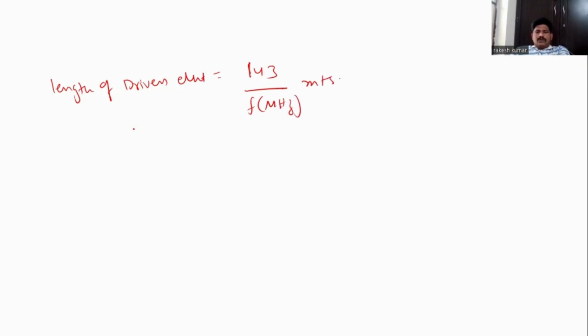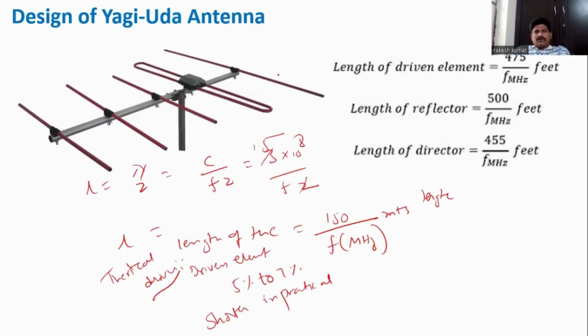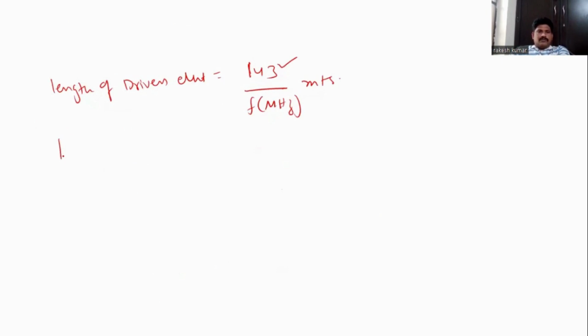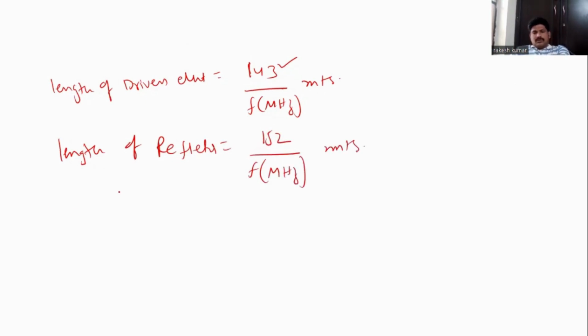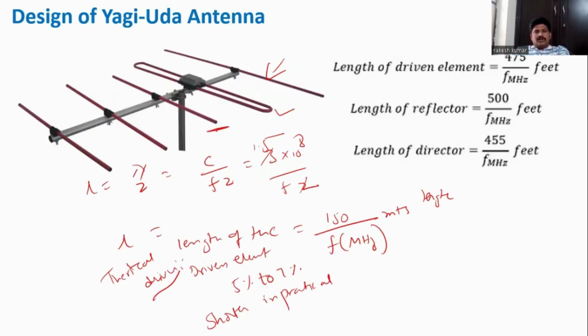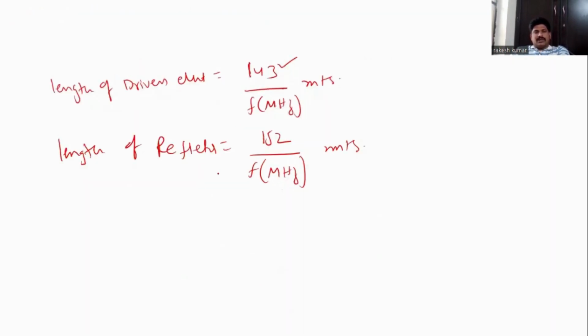If the length of the driven element is 143 by f, what should be the length of the reflector? No doubt the reflector is a little longer than the driven element, so the length of the reflector I will write as 152 by f in megahertz, in meters. What about the directors? The directors are always shorter than the driven element.